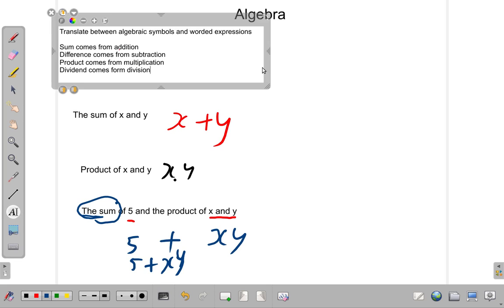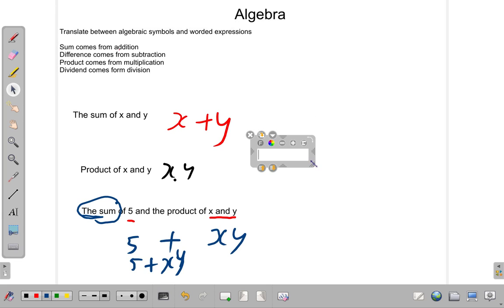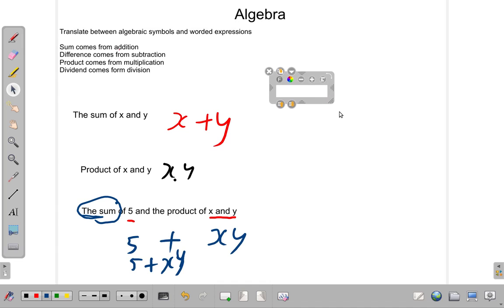Let's look at another one. I have this expression that says, what is 3 larger than the product of x and y?